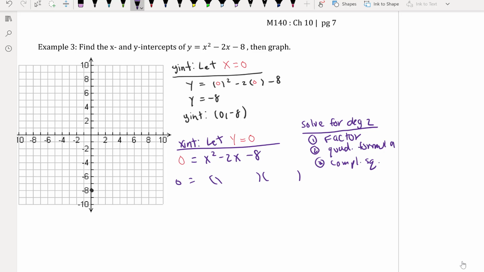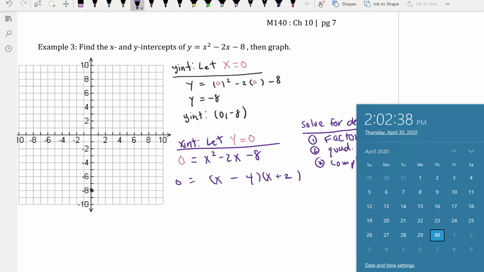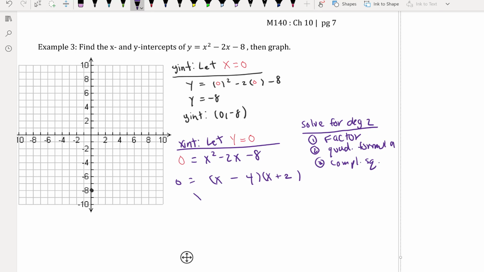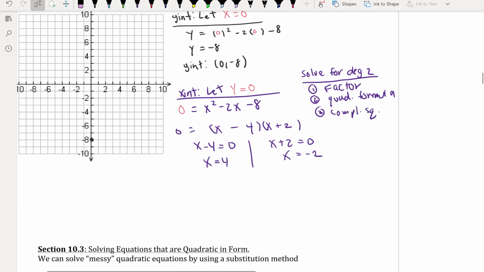So I have x times x is x squared. To get 8, that's 4 times 2. Then to get that negative 2 would be a negative 4 and a positive 2. So then I have x minus 4 is equal to 0, so x is equal to 4. And x plus 2 is equal to 0, so x is equal to negative 2.